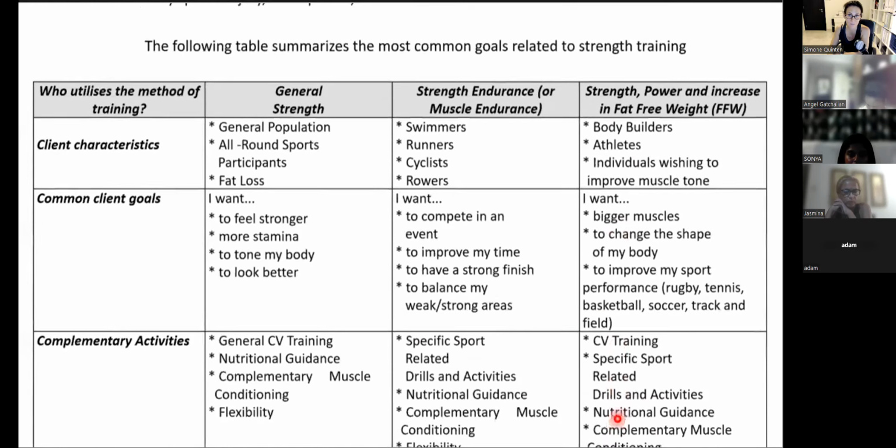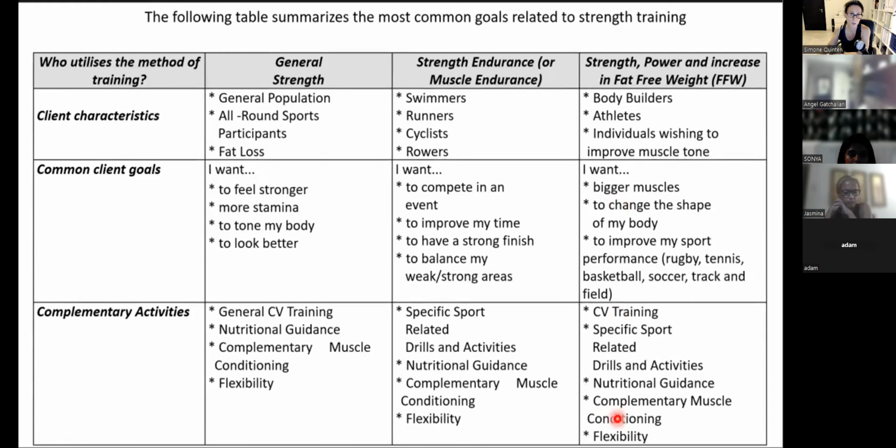And here, this is the same table as in your book. So this one could look like a client: what clients are for general strength, what clients are for endurance, strength endurance and muscle endurance, and also if someone wants to do power and increase strength, fat-free muscle mass.